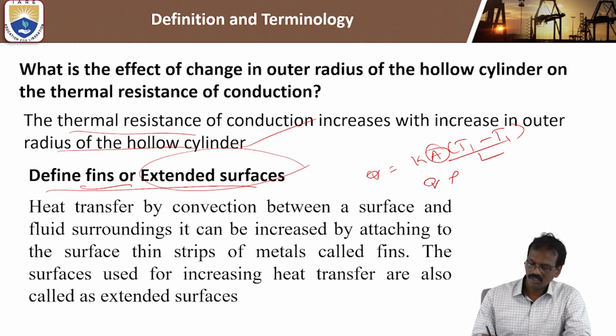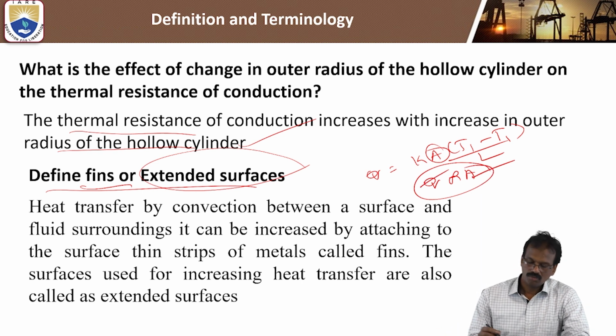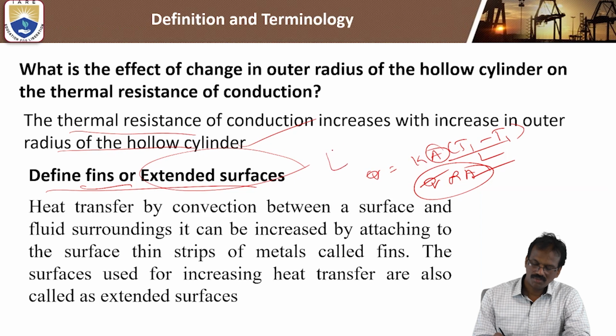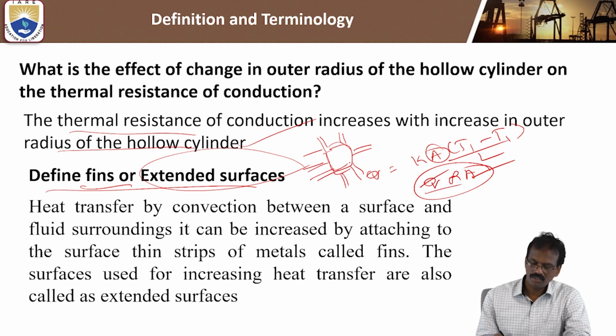Q is directly proportional to area. If the area increases, the rate of heat transfer also increases. The surface of the engine is very small. If you add some fins on this, automatically the area of the engine will increase. If the area increases, the rate of heat transfer will increase. It means heat is dissipated from the engine to the atmosphere.